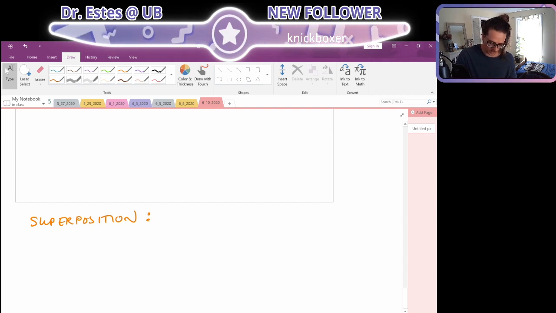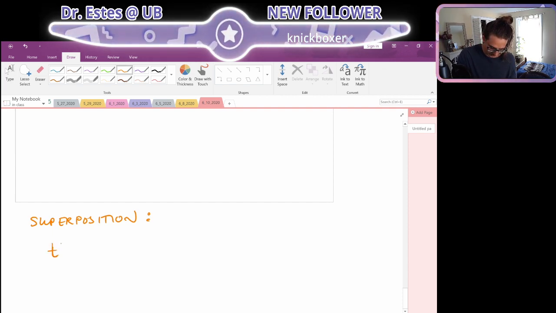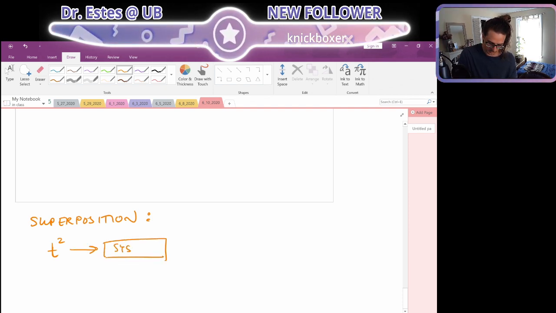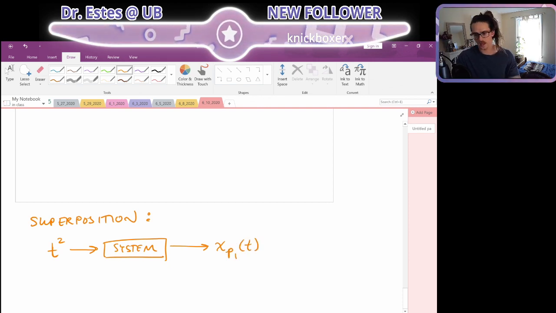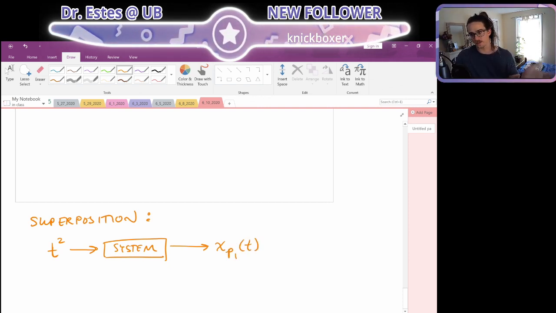From example 1, we had t squared as our forcing function to a system, and we got out, let's call it xp1, the particular solution for that.